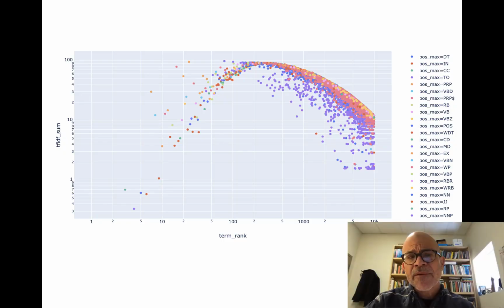And so what happens is that we can use a chart like this to come up with a way of partitioning out significant words that we can then use for the purposes I described earlier, such as dimensionality reduction. So in this case, we might define a lower bound for term rank and a lower bound for TF-IDF sum, and apply those two constraints to our data frame and end up with a small set of words that we can consider to be useful for our analytic tasks.